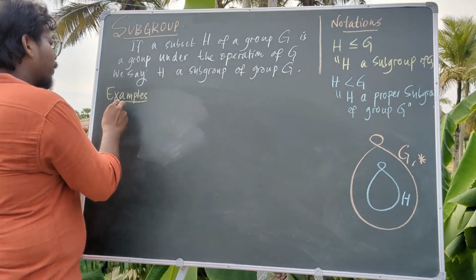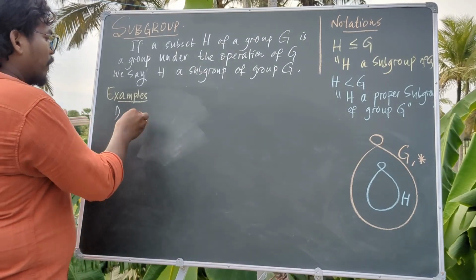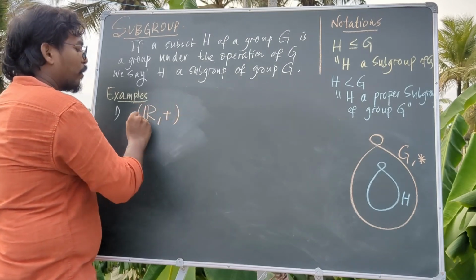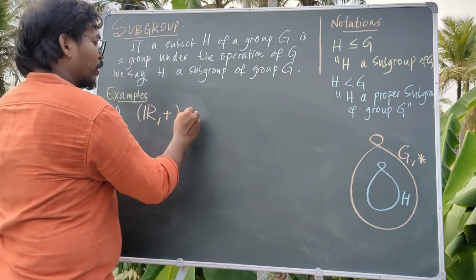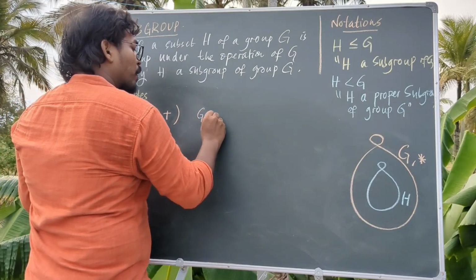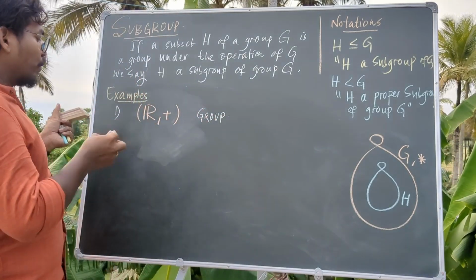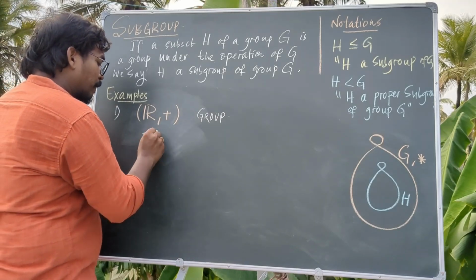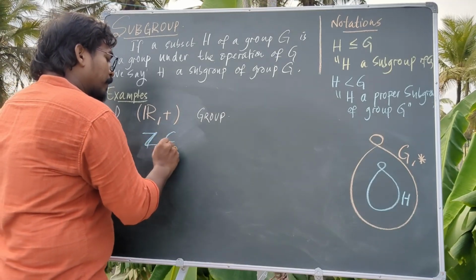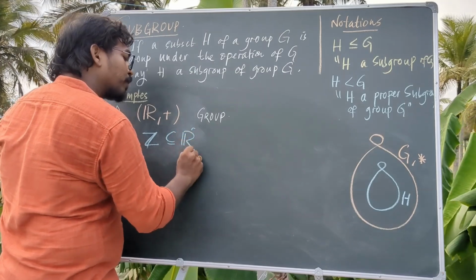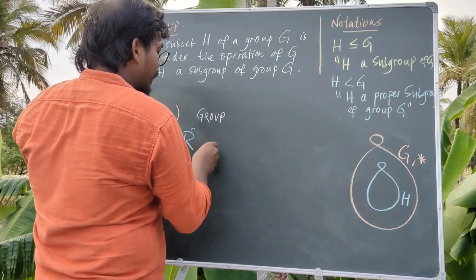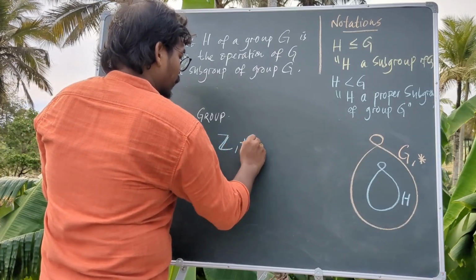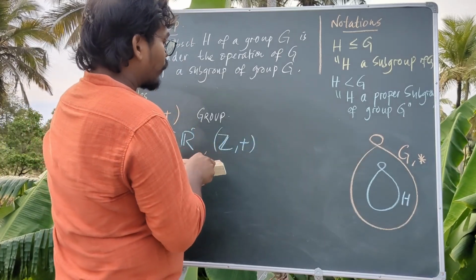We have first seen this set of real numbers under the operation of addition is a group. And also we know the set of integers is a subset of the set of real numbers, and this set with addition also forms a group.